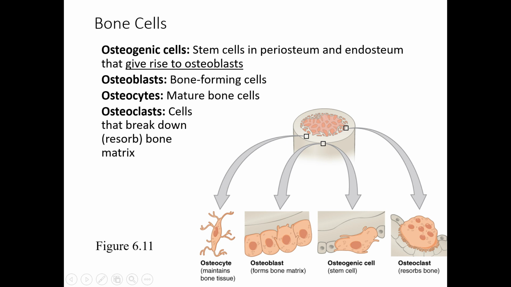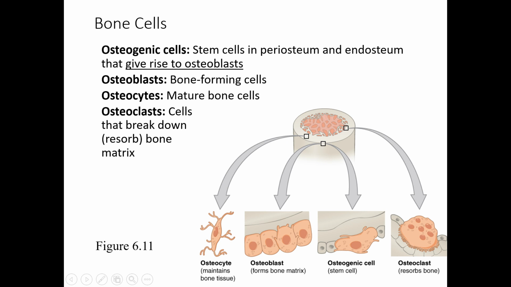What does it mean, form bone tissue? Well, they produce matrix and they make fibers. When they make a lot of fibers and matrix, that fibers and matrix surround them, and they become mature bone cells, or osteocytes. They develop those extensions and become osteocytes.